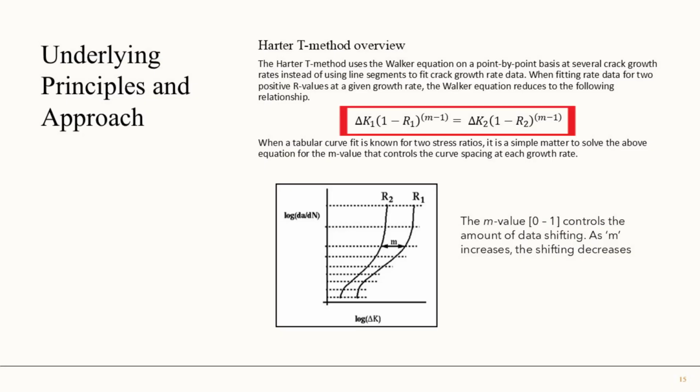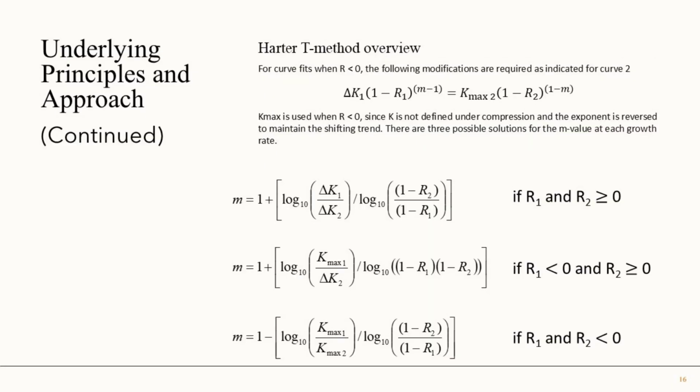I could have an equation for curve 1 and an equation for curve 2. Since we're using the same rate, I can set the 2 equal. And then the C cancels, the n cancels, and you're left with delta K for curve 1 times 1 minus R1 raised to the m minus 1 power must be equal to delta K for curve 2 times 1 minus R2 to the m minus 1 power.